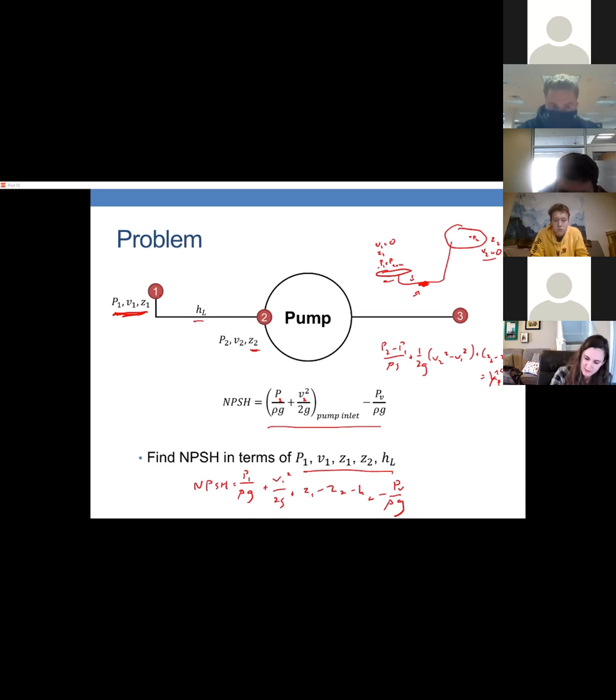So I want P2 over rho g and V2 squared over 2g to be on the left. And then on the right, I would put everything else. So I'd move everything else over to the right. And so then I have what P2 over rho g plus V2 squared over 2g is. And then I subtract rho g.